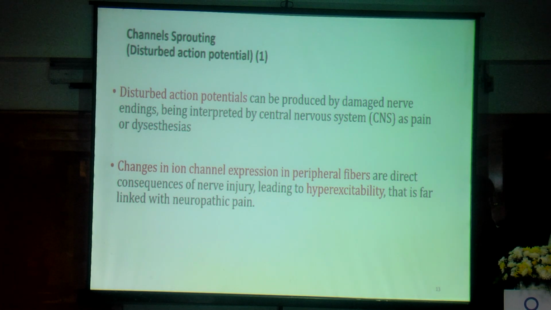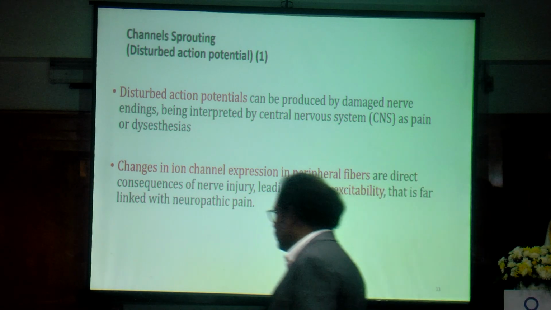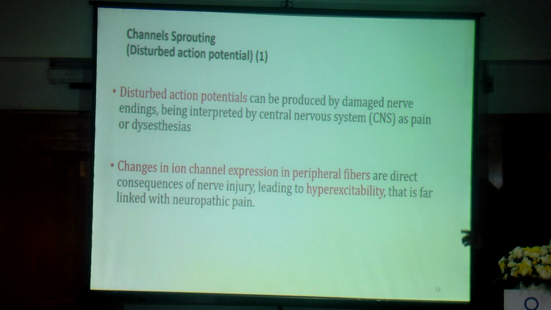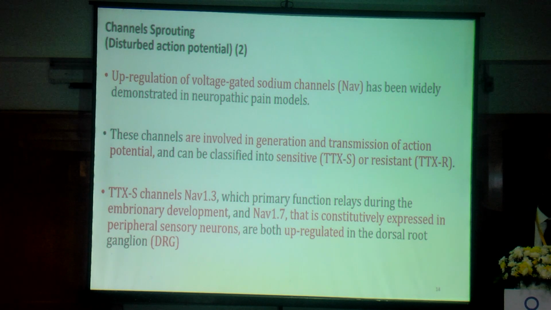Coming to channel sprouting, the disturbed action potential produced by the damaged nerve endings is interpreted by the central nervous system as pain or dysesthesias. Changes in ion channel expression in the peripheral fibers also cause hyperexcitability that is linked with neuropathic pain.